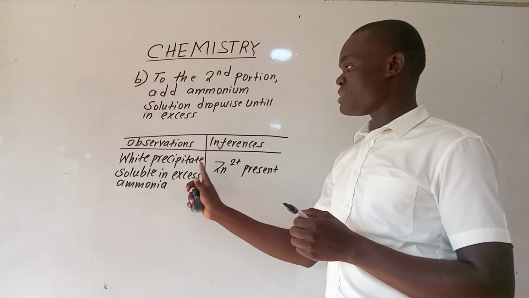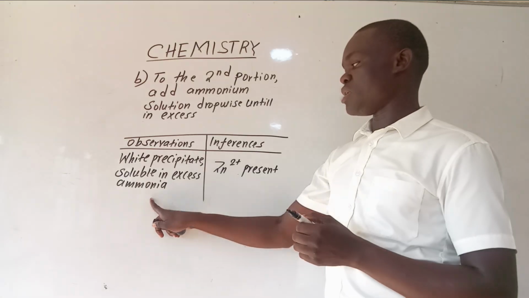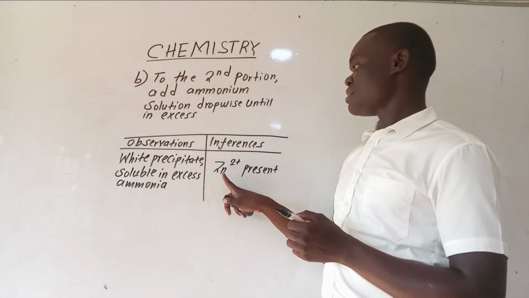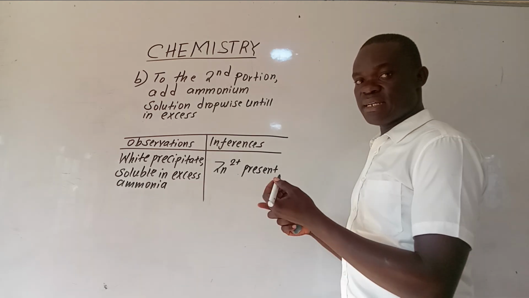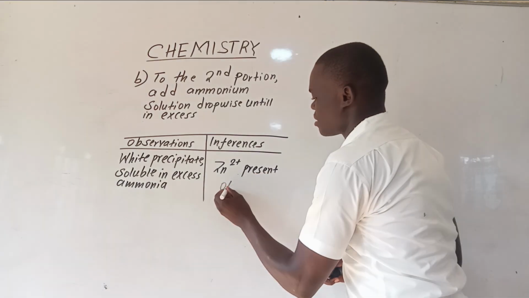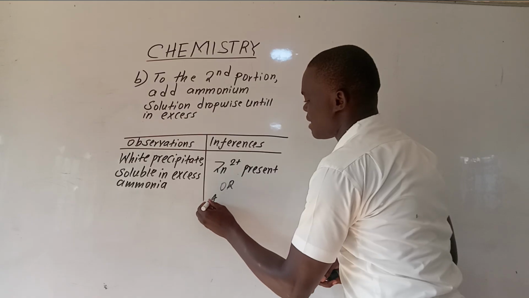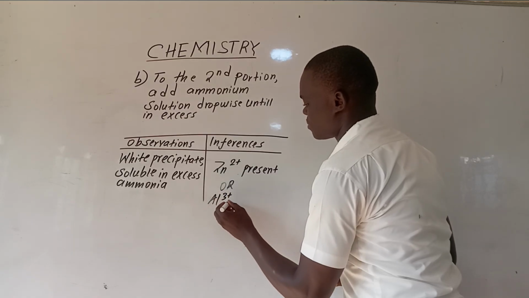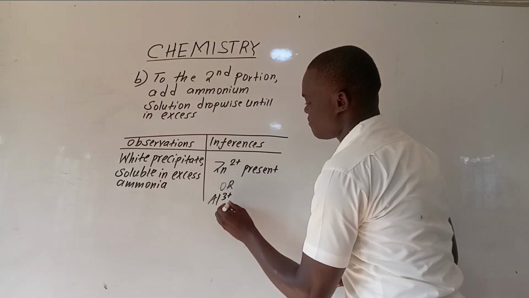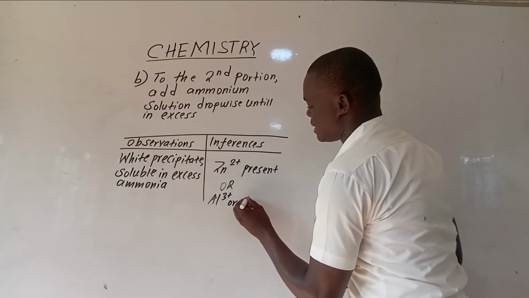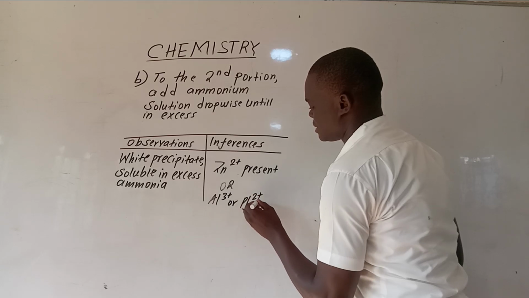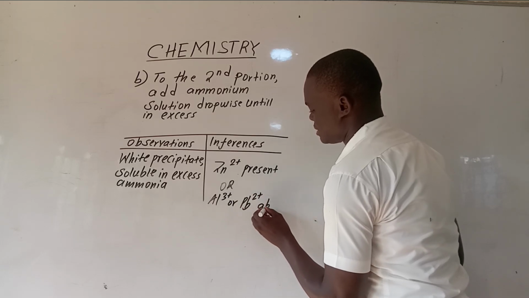So because the white precipitate dissolves in excess ammonia, we can say that zinc ion present. We can also state that aluminium or lead ion absent.